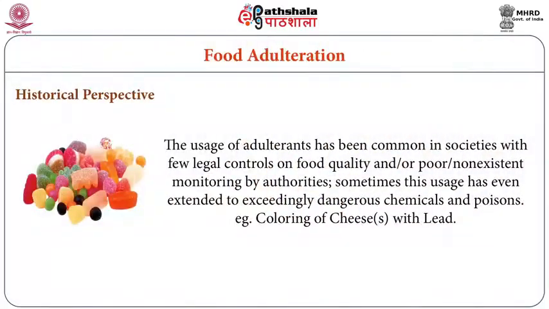These are the things happening in society. Because of the lack of a monitoring system and control measures, nowadays you have a doubt about every food, that it may be contaminated or adulterated with some inferior quality or dangerous chemical. Cheese, for example, is sometimes adulterated with lead components. This is the danger of adulteration.